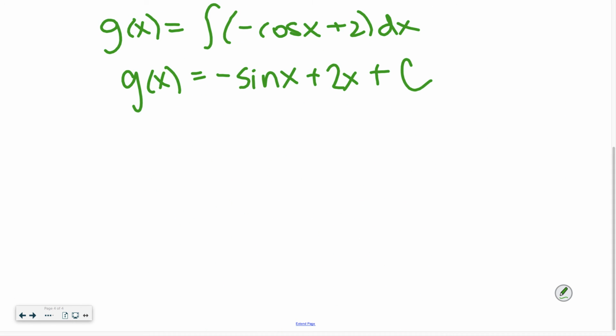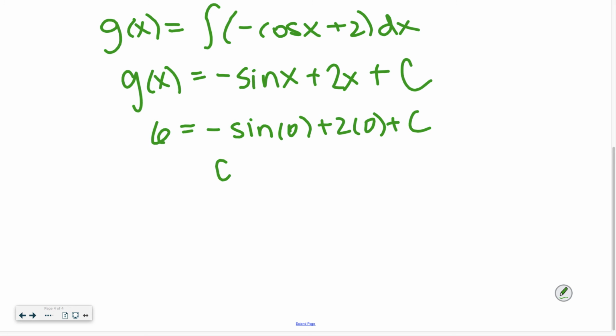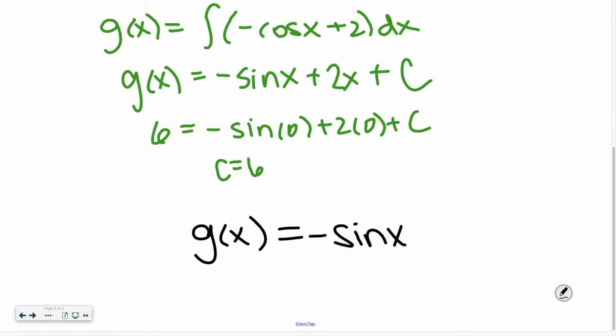So we can go ahead and throw 6 over here. Throw 0 in for x. And this is nice because the sine of 0 is 0. So C is 6. So we have g of x equals negative sine of x plus 2x plus 6.